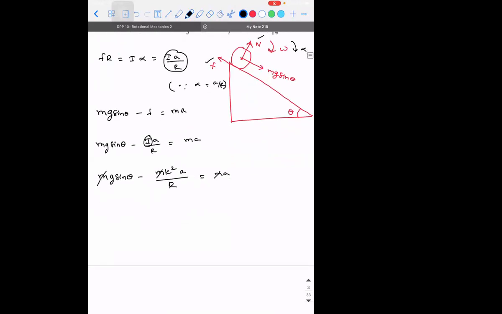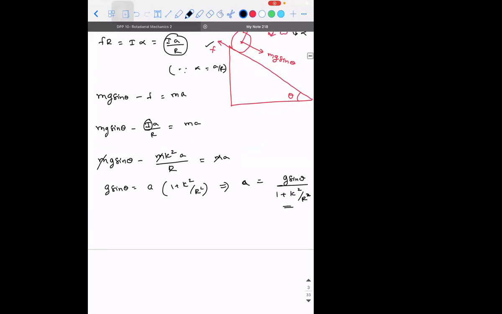M is gone. So g sin theta is equal to A into 1 plus k square divided by R square, which implies A is equal to g sin theta divided by 1 plus k square divided by R square. So this is the acceleration formula for an object rolling down an inclined plane without slipping.